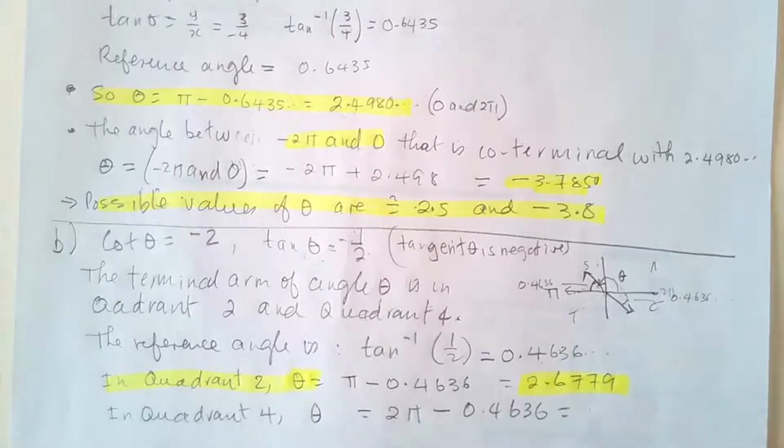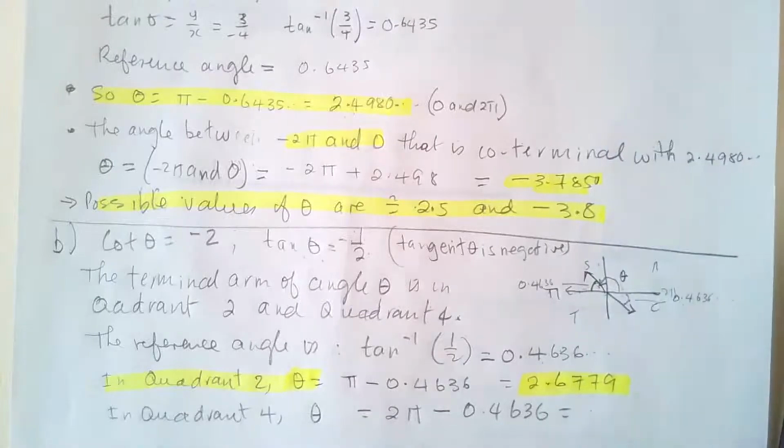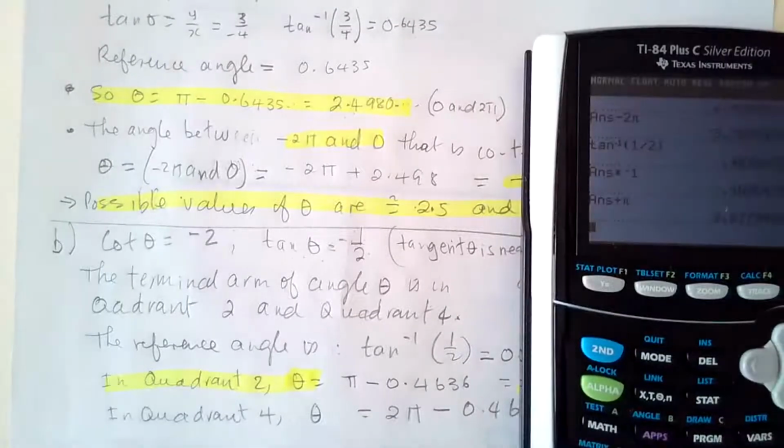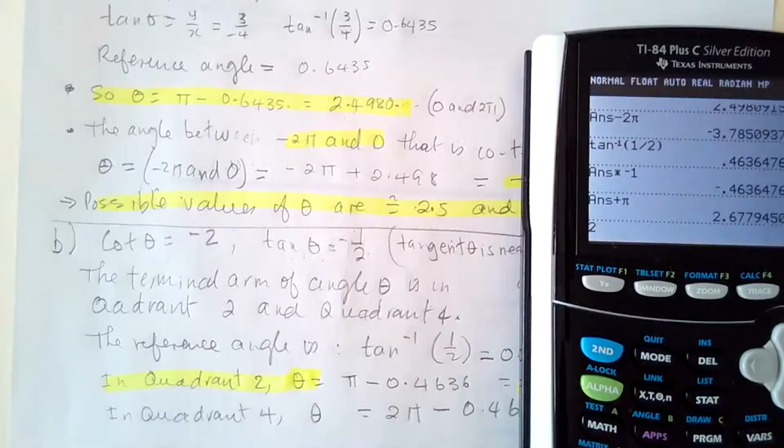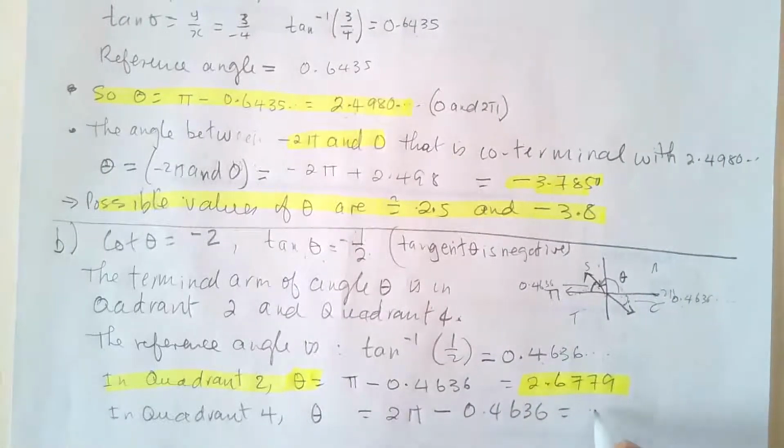So what would that be? 2 pi minus 0.4636 is 5.8195.